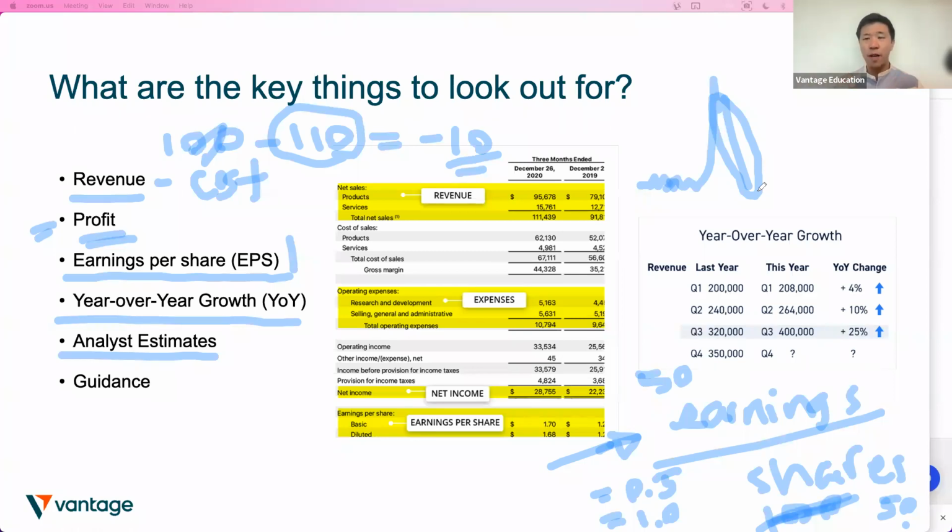You just need to react so fast when the earnings report comes out. And then the earnings call is where management come in and start sharing their insights with the investors and the analysts, and say, yeah, we performed fantastically, but we should not be expecting this month after month, because in these past few months, because of COVID, there was an uptick in our services. So it could be a one-off thing.